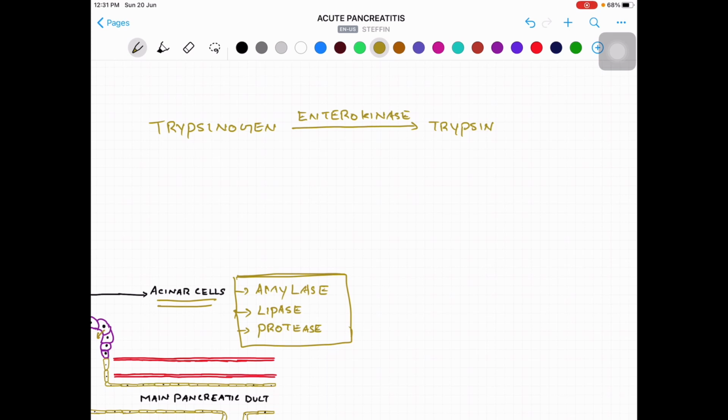And now this active trypsin will convert the inactive pancreatic enzymes into active enzymes.